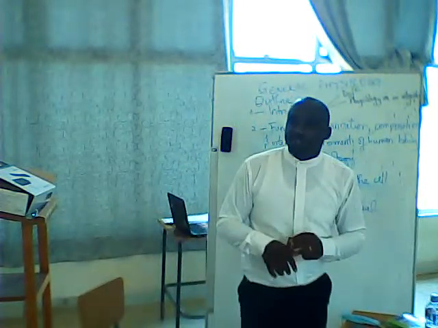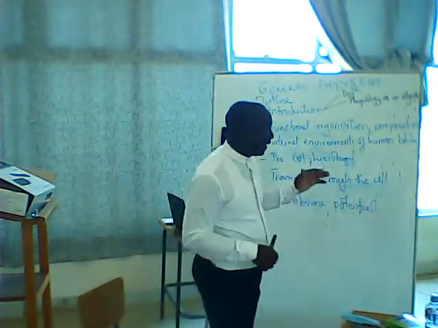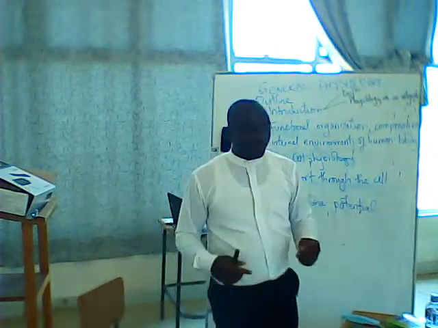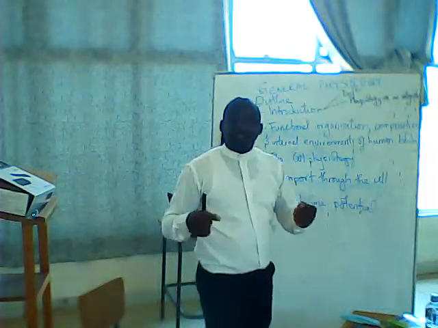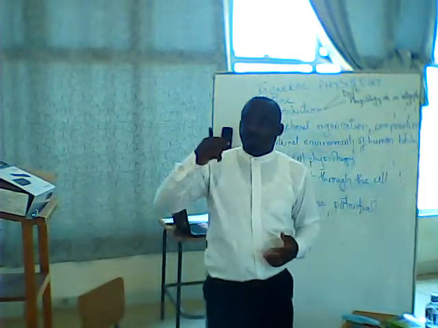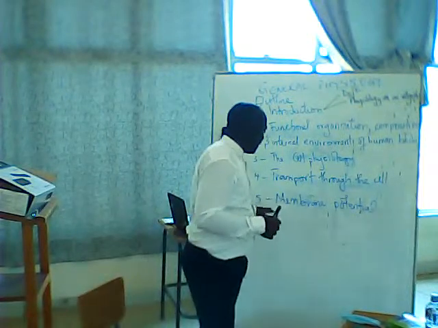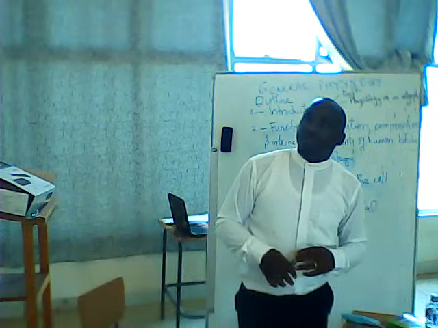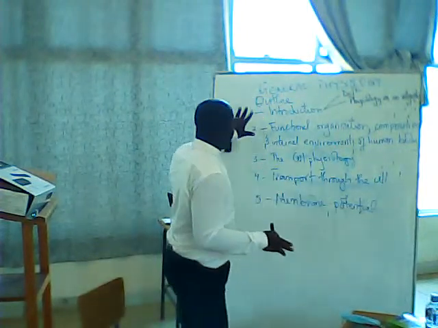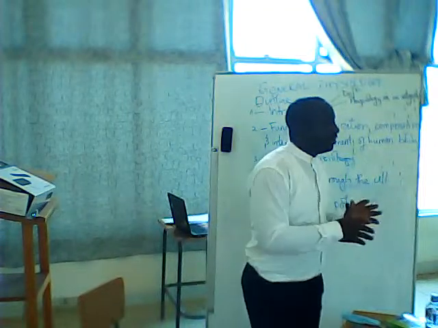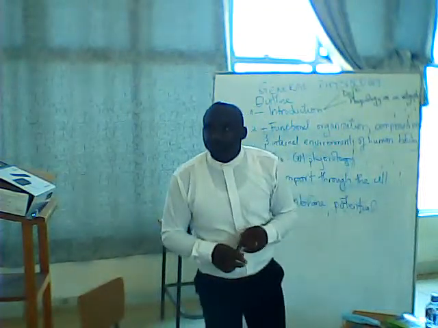The fourth topic is transport across the cell membrane. Then the fifth is the membrane potential. So these are the 5 sub themes or components we cover within general and cell physiology.